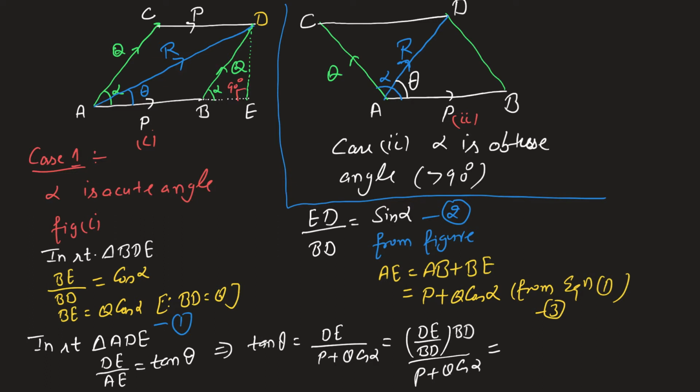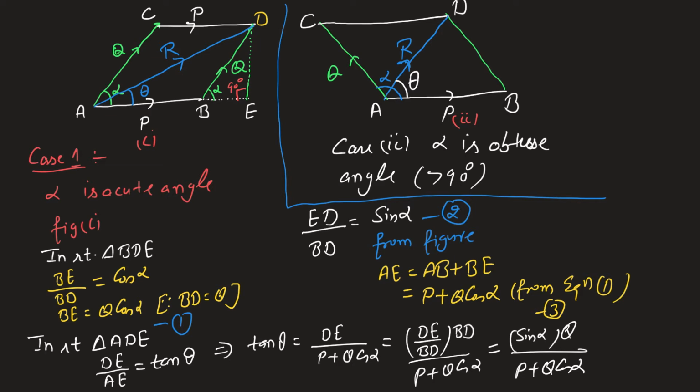So I am going to write it over here, sin alpha. And what is BD? BD is Q divided by P plus Q cos alpha.